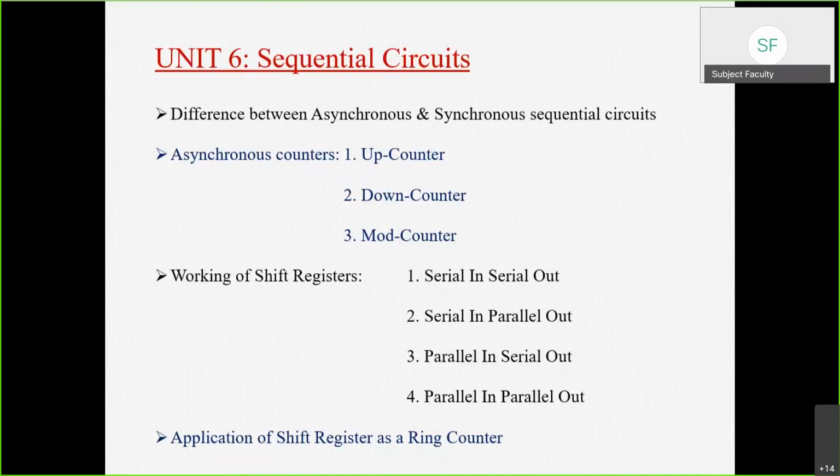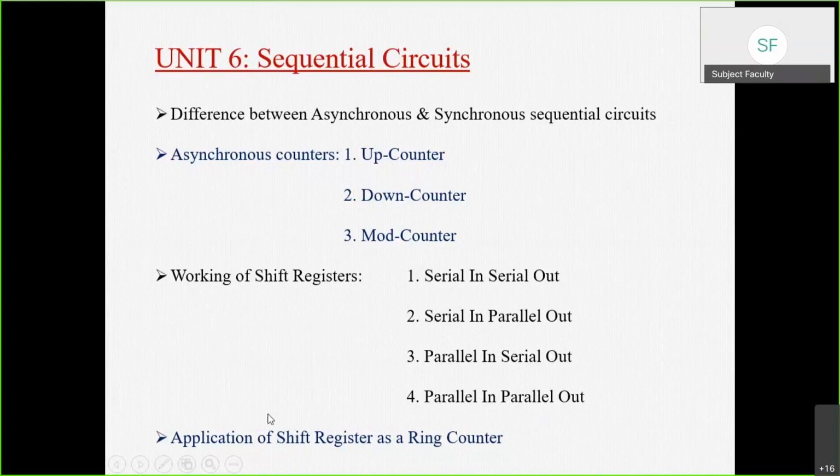Then we will see what the shift registers are, the different shift registers, and their working. These are four types of registers: serial in, serial out, serial in, parallel out, parallel in, serial out, and parallel in, parallel out. So we will see that.